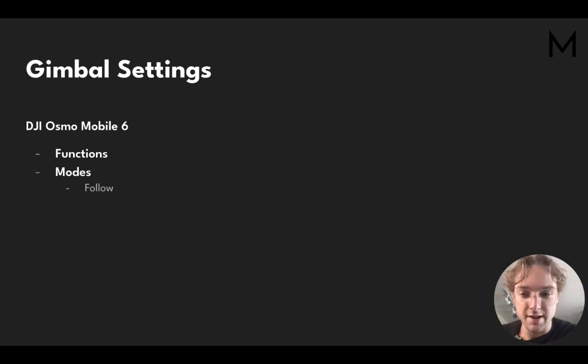But with tilt locked, it's not going to let you go up or down much. But it is going to let you flow side to side a little bit. And it's not going to let you tilt the camera anyway. So the horizontal plane will be leveled with both of those settings.